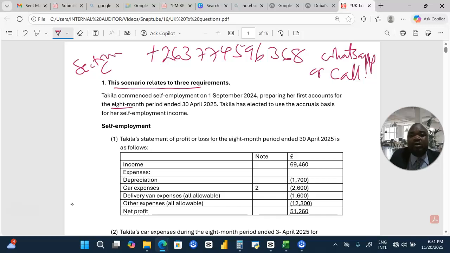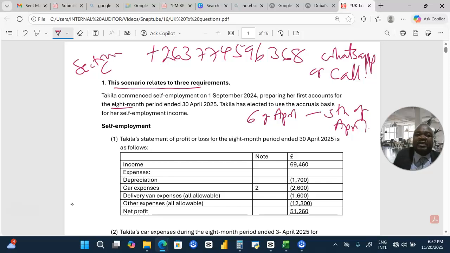But we all know that the UK tax year ends on the 5th of April. It starts from the 6th of April to the 5th of April the next year.